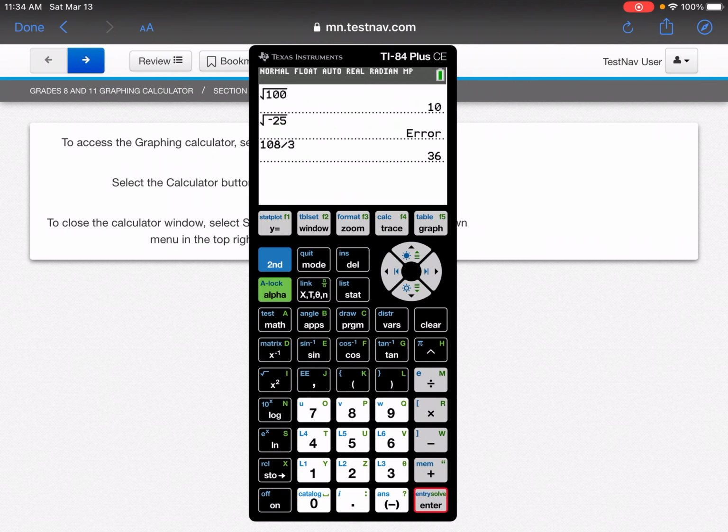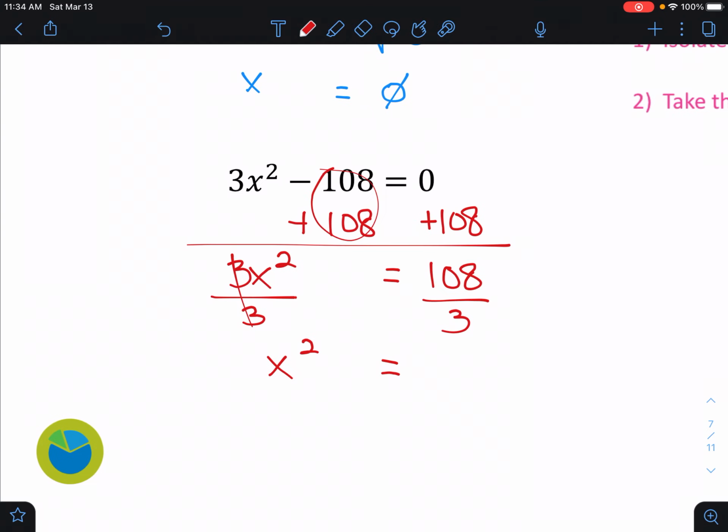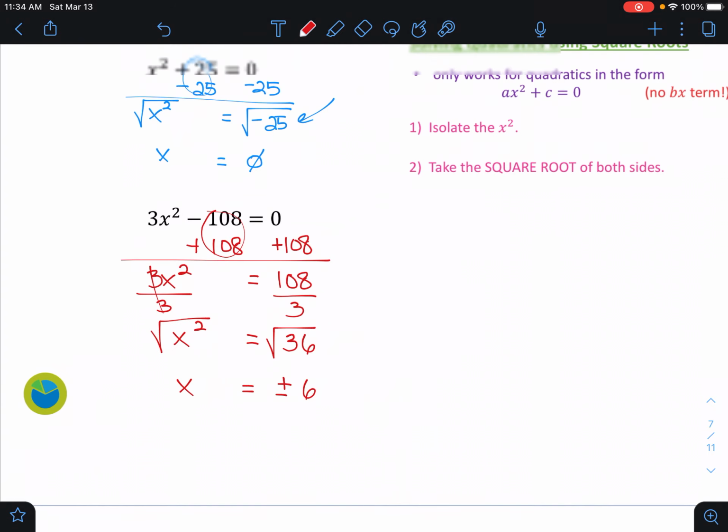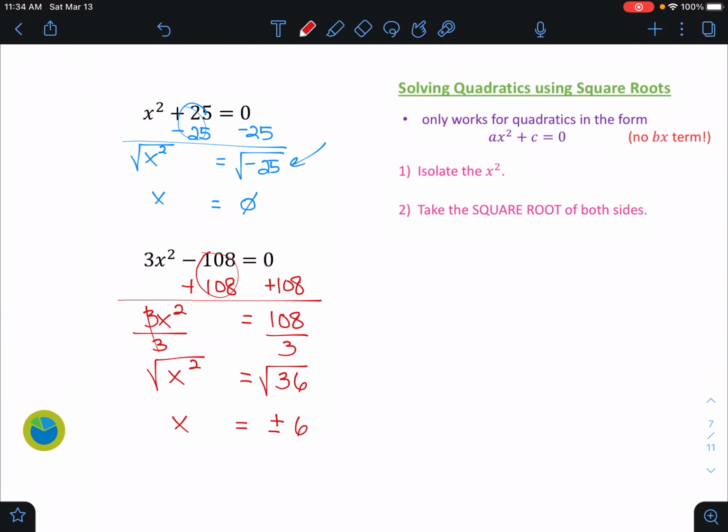I get 36. Okay, cool. And now take the square root. Okay, so x equals plus or minus 6. So that one I got a nice number. Just a couple more steps there that I had to do to get the x squared by itself.